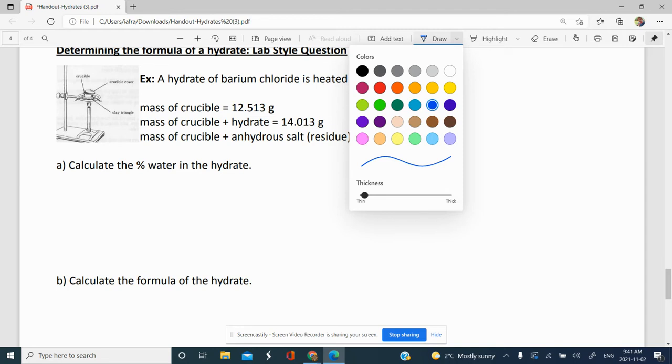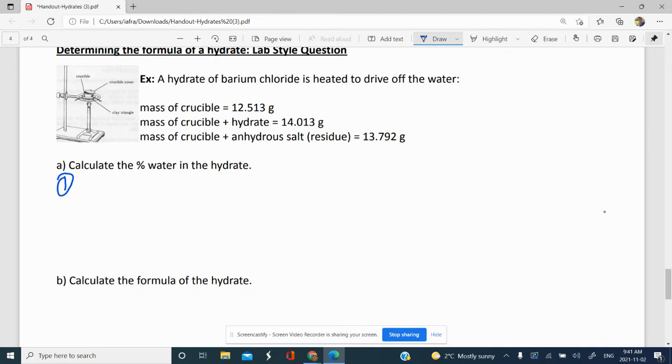So we need to figure out the percent of water in the hydrate. Just a reminder here, the mass percent of water is going to be equal to the mass of water divided by the mass of the entire compound, so the mass of the hydrate, times 100%.